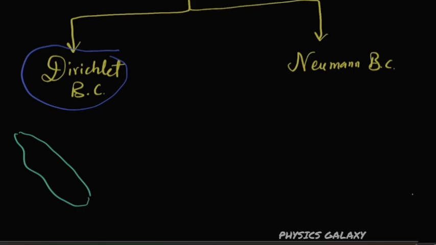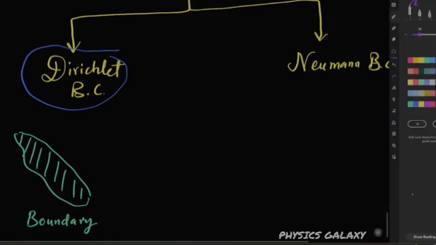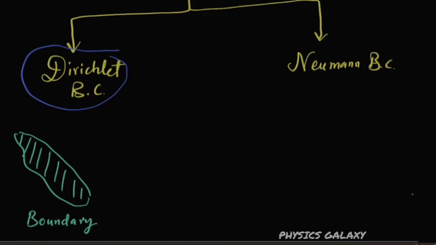Boundaries can be of finite or infinite nature. So let's say this is the boundary of some space. Then if I am using Dirichlet boundary condition, I have to specify the potential at this boundary. Suppose I specify the potential of this boundary as V. Then I am using the Dirichlet boundary condition.